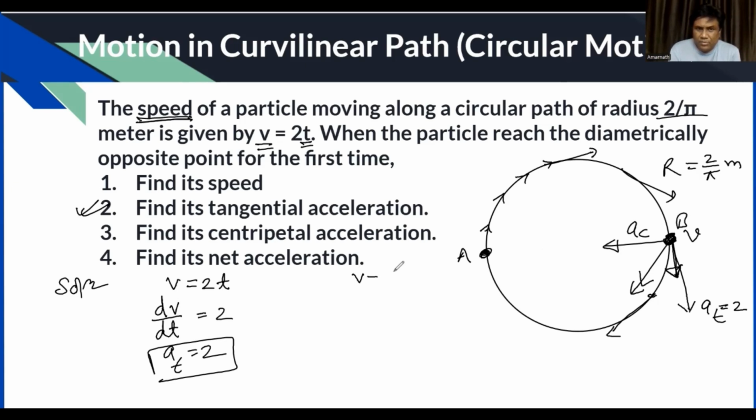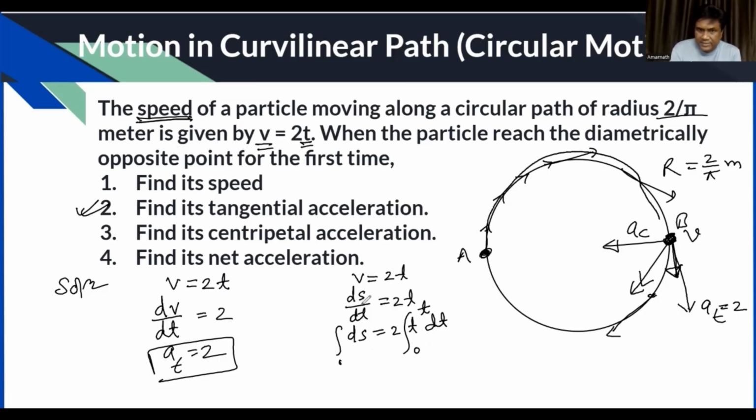So V equal to 2 into T. V means distance by time. Here S is not displacement, it is distance. So ds equal to 2T dt. So S integrate. When time was 0, distance was 0, but when time is T, the distance is from here to here.